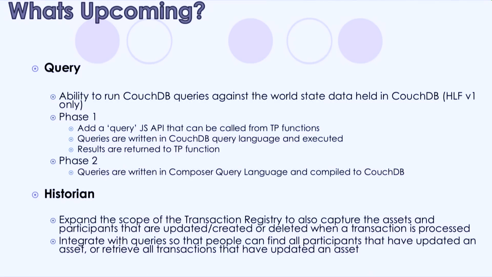So you can essentially say, run this complex query against the world state and give me back the results. And Composer will take care of percolating that down into Fabric and bringing all the results back up again, making them available to the transaction processor function.